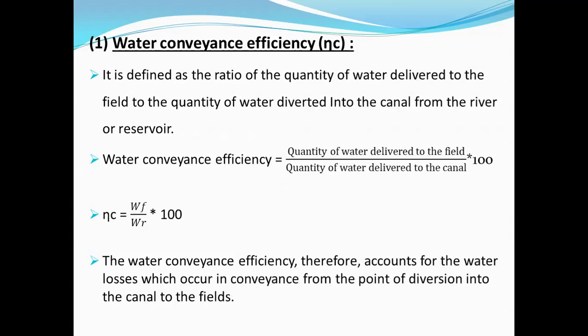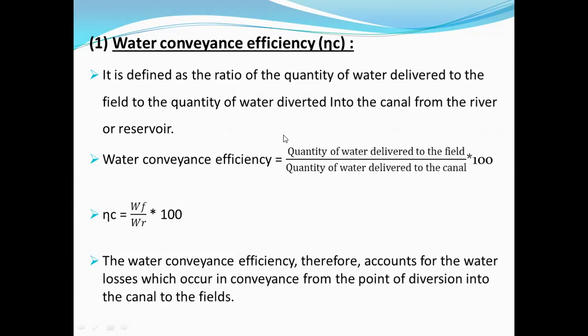If we want the answer in percentage, we multiply the ratio by 100. So basically the equation is eta c equals Wf by Wr multiplied by 100, where Wf is the water delivered to the field and Wr is the water delivered to the canal.